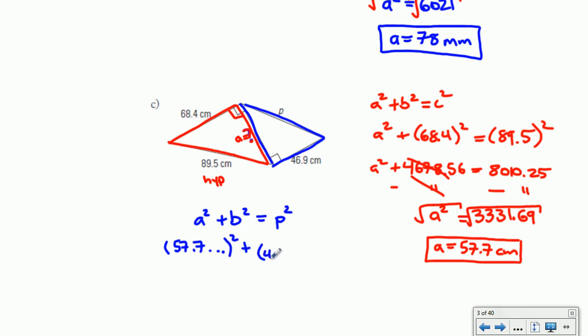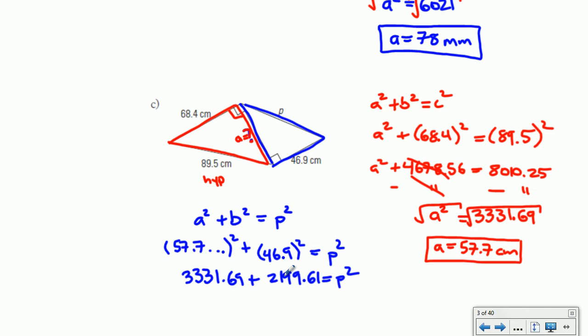B is 46.9, that's the other leg of the right angle triangle. So a squared will be the same thing we had earlier, 3331.69, plus 46.9 squared is this number. That equals p squared.